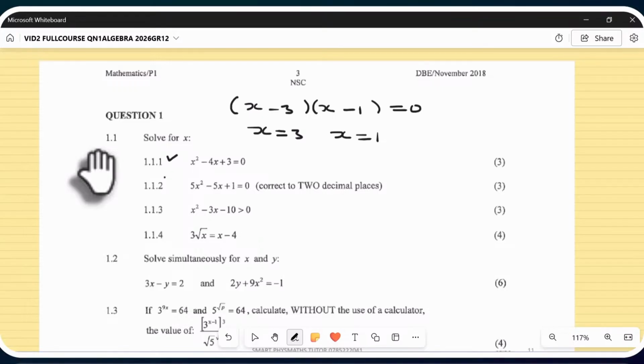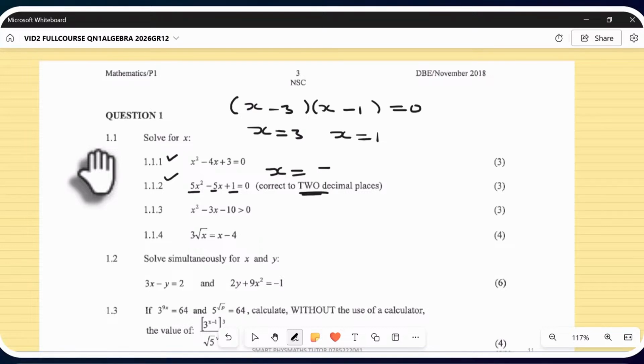1.1.2, the moment they say two decimal places, we use the quadratic equation. So our a is 5, our b negative 5, our c positive 1. So we say x equals minus b. Now our minus b is the minus of negative 5, right guys?